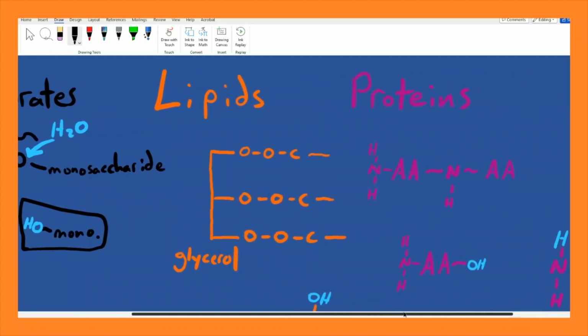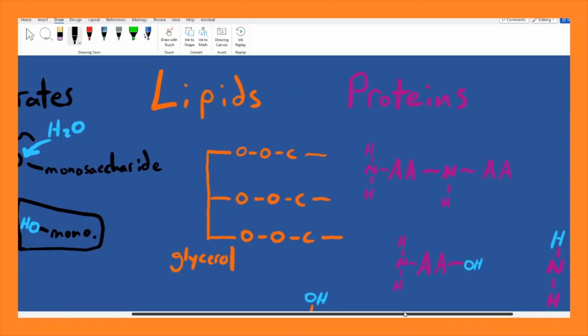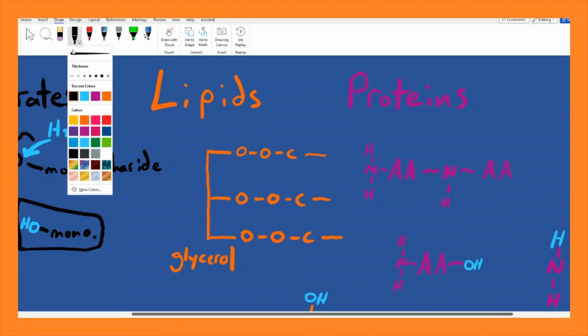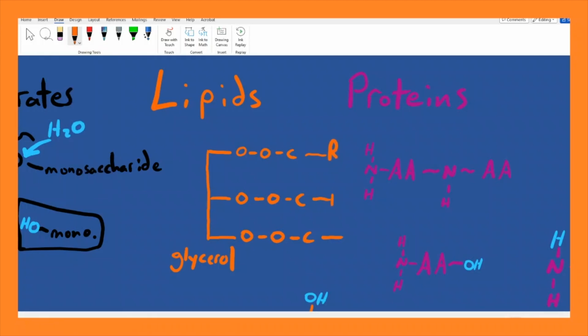If we look at a lipid, generally speaking, a triglyceride. So here I have a glycerol or monoglycerol backbone, and then fatty acids over here attached. There would be R groups here for the organic chemistry lovers, right? Depending on what fatty acid it is.